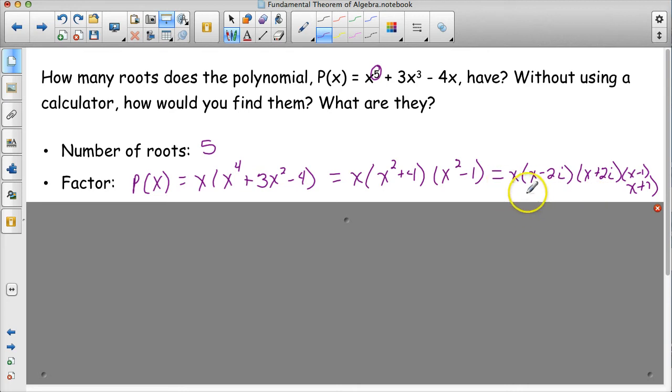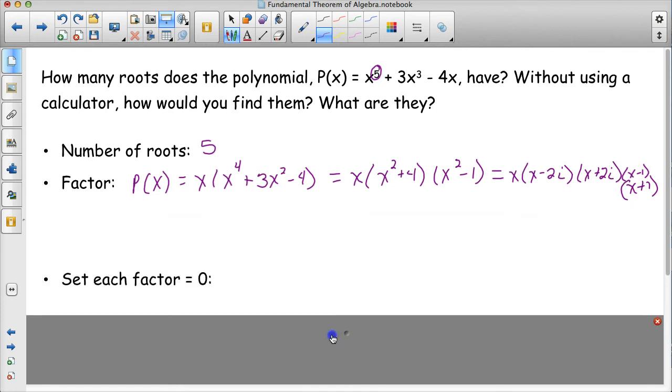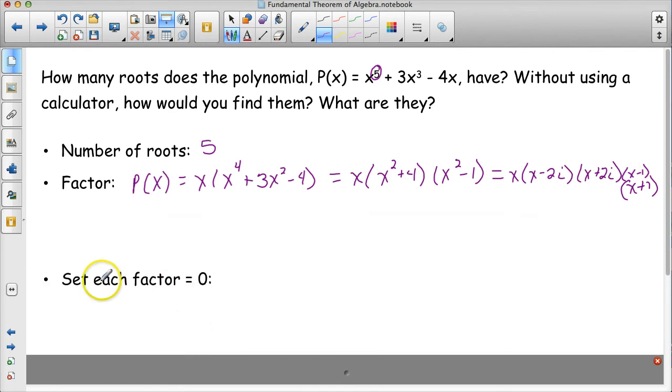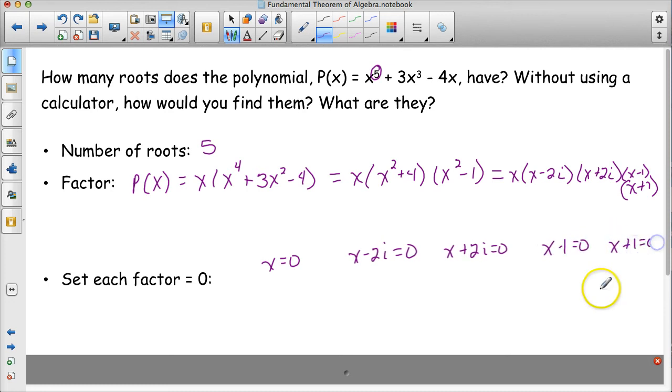And how many factors do I have? I have 5 factors. If I have 5 factors, that means I found all of my factors, and now I can find my roots by setting each factor equal to 0. So x equals 0, and x minus 2i equals 0, and x plus 2i equals 0, and x minus 1 equals 0, and x plus 1 equals 0.